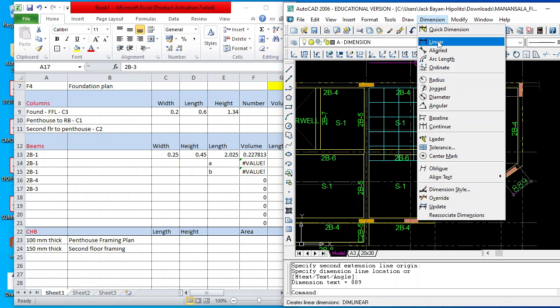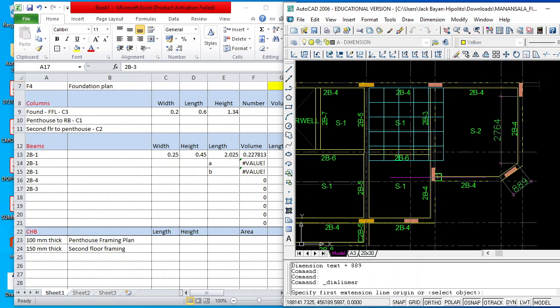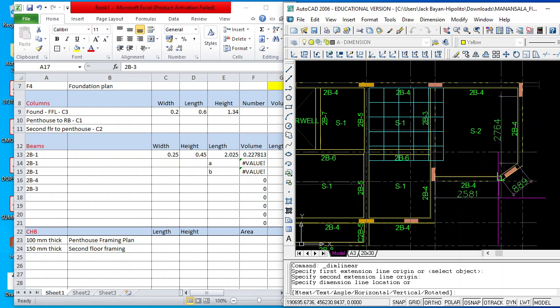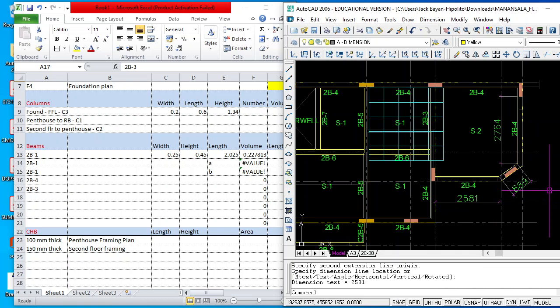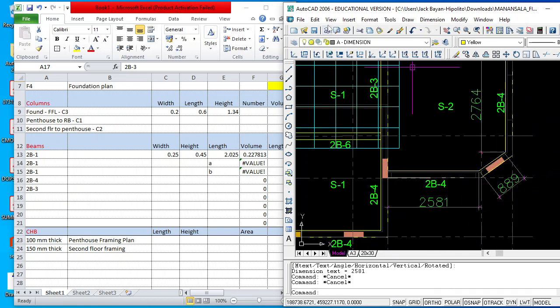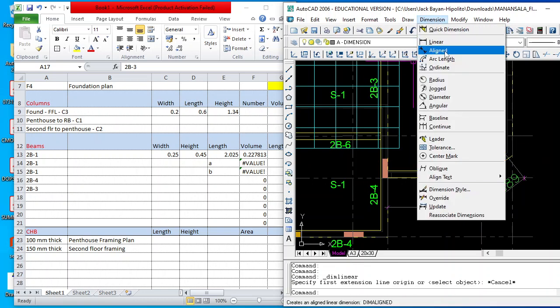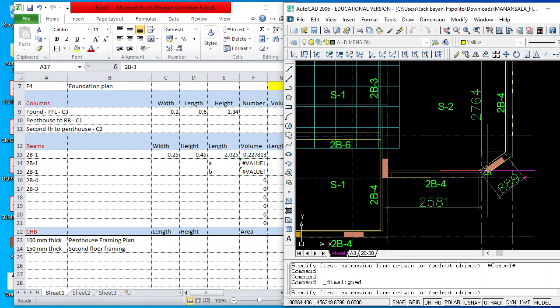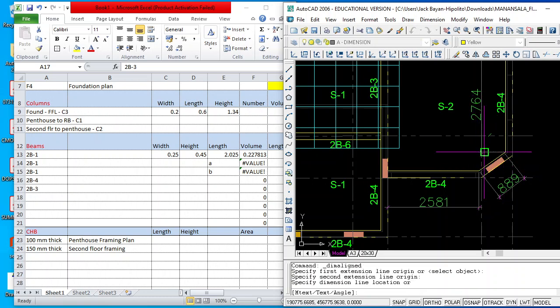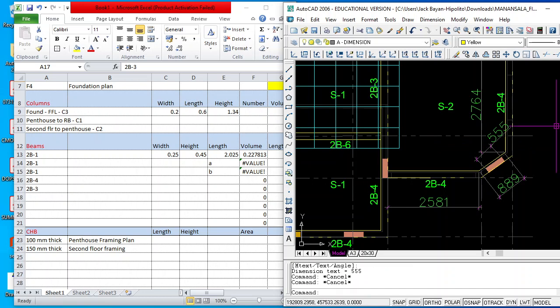But it is minus the column, so I have to subtract the column. The dimension of the column is 0.55.